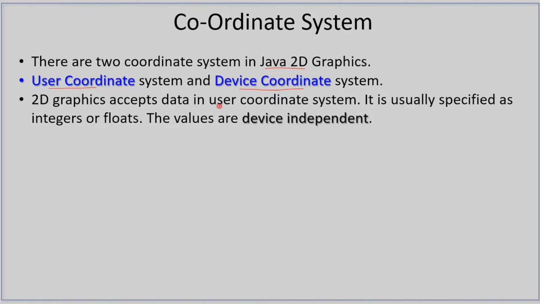It is usually specified as integers or floats, and these values are device independent. So when you specify a coordinate, let's say you are drawing a line and you specify the line is 100 units, then it is 100 units in the printer as well as in your monitor.